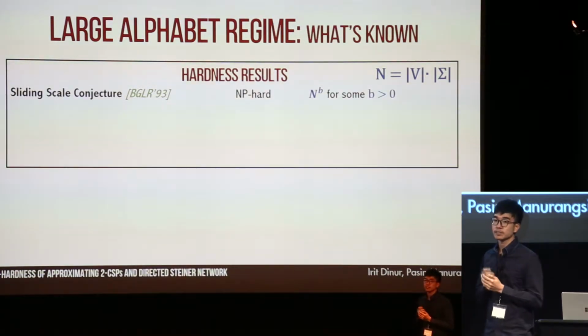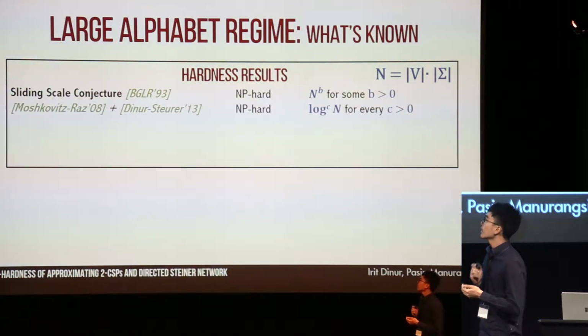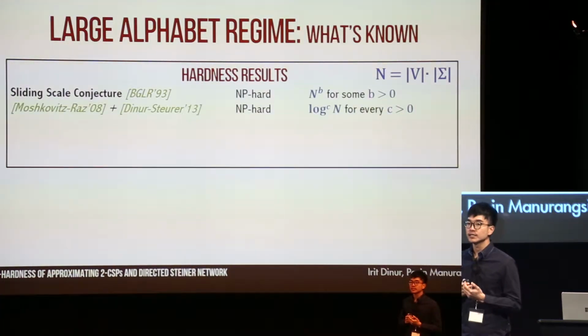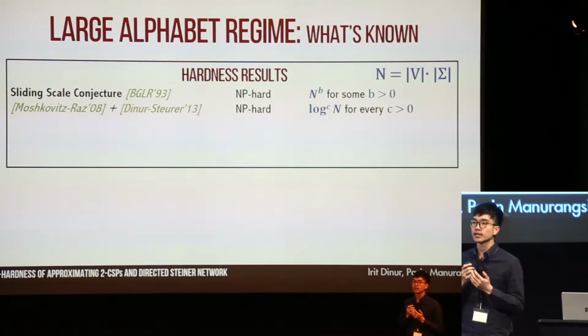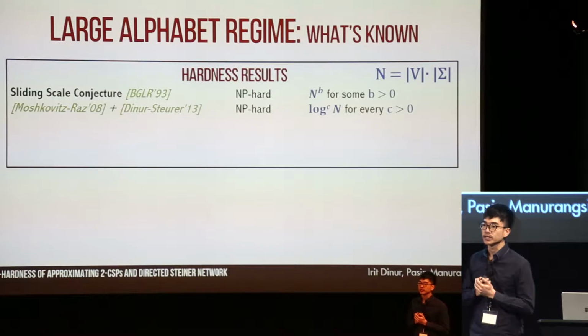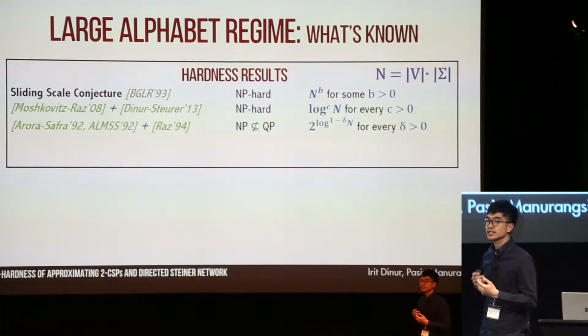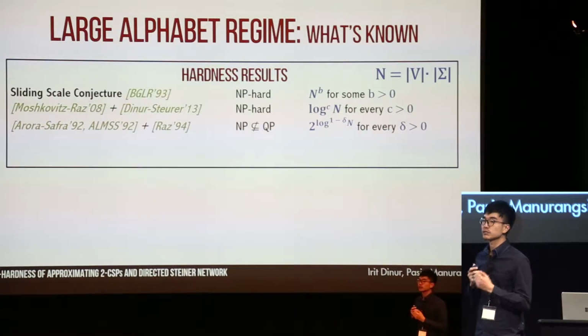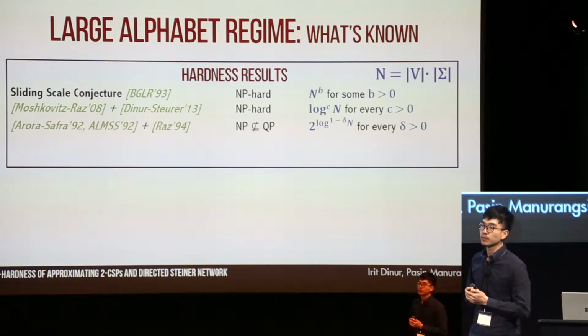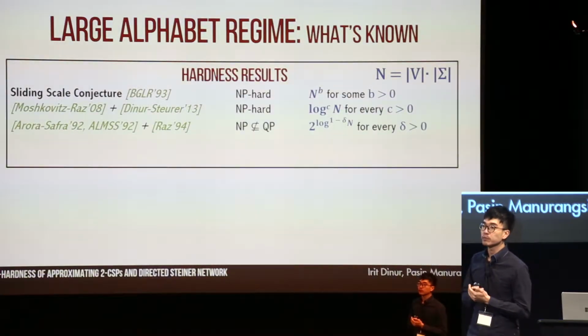This is a special case of the so-called sliding scale conjecture. Now, if we want NP-hardness, the best known hardness of approximation is only polylogarithmic in N, so log N to the C for every constant C. But if we allow the assumption to be stronger and stronger, then we actually get better and better hardness. For instance, if we assume that NP can be solved in quasi-poly time, then the ratio can be improved to 2 to the log N to the 1 minus delta.